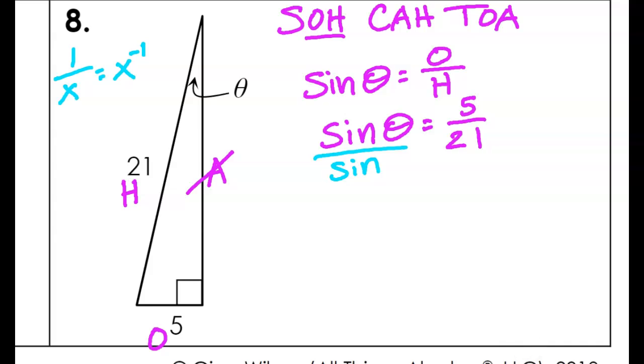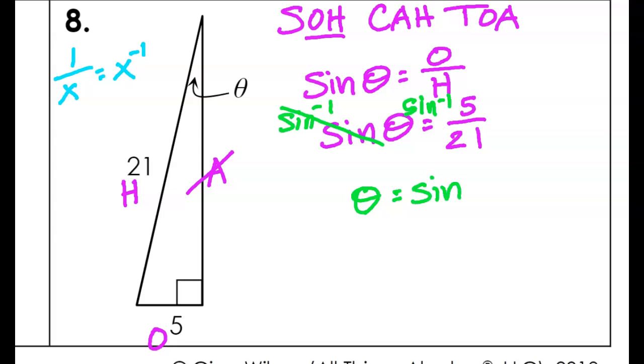So here, instead of saying divide by sine, I am going to multiply by the inverse sine, which is the same thing as dividing by sine. Because I'm taking sine and dividing by sine, these cancel. And then my theta is equal to sine -1 of 5 over 21.